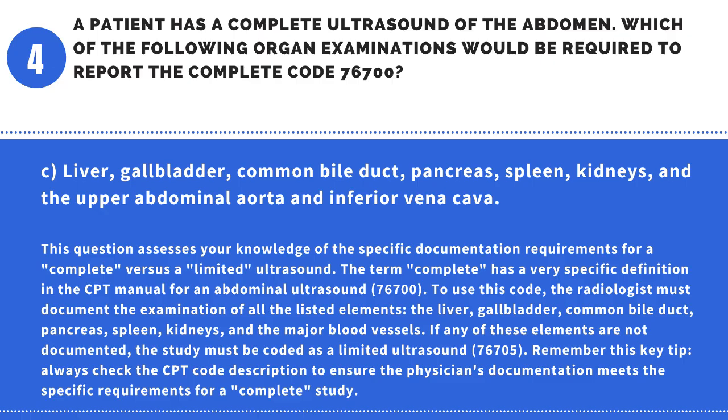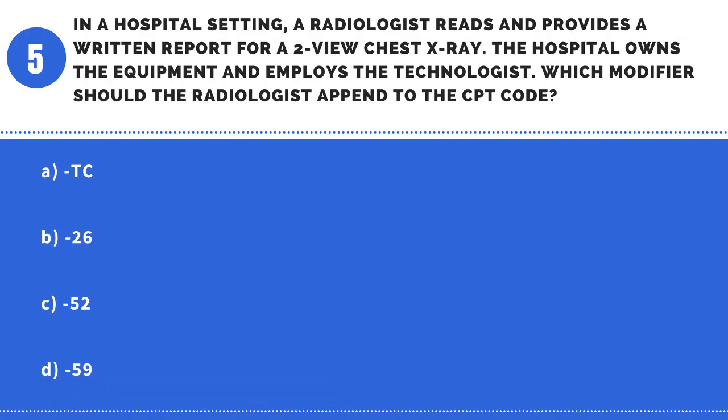If any of these elements are not documented, the study must be coded as a limited ultrasound, 76705. Remember this key tip: always check the CPT code description to ensure the physician's documentation meets the specific requirements for a complete study.